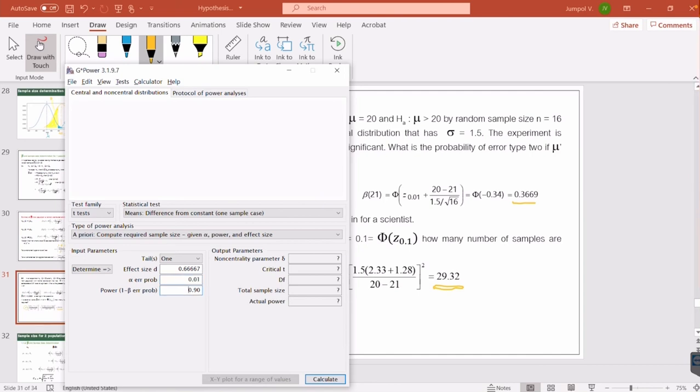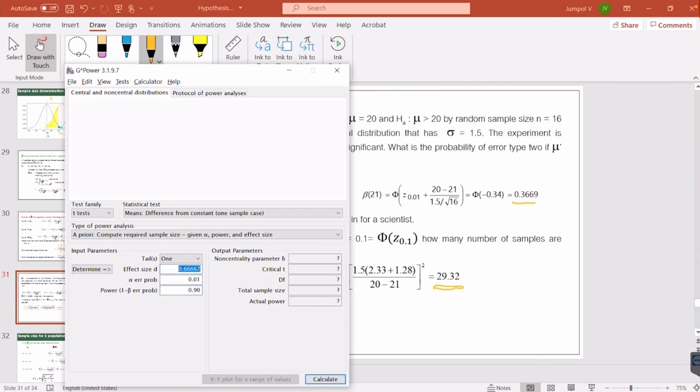So we want to first enter alpha, which is 0.01 in this case. Beta here, they actually use power instead of beta, and power of the test is just 1 minus beta. If our beta is 0.1, power is 1 minus 0.1, which is 0.9.